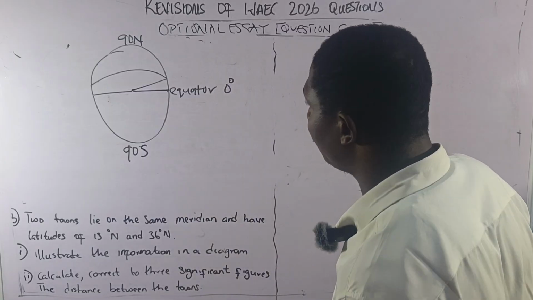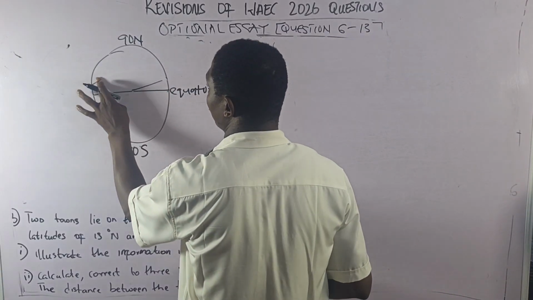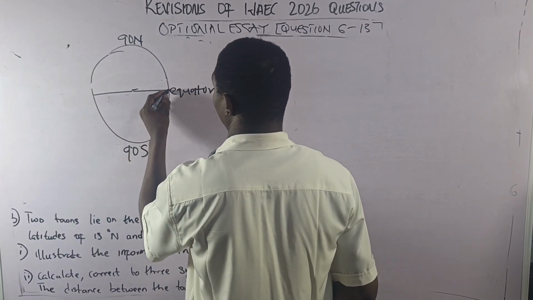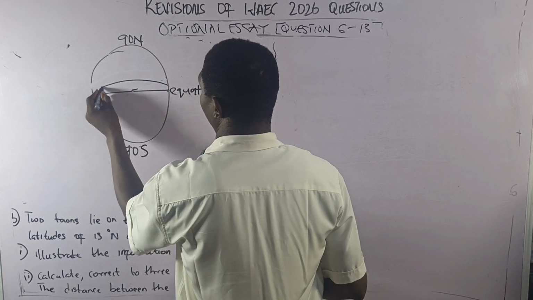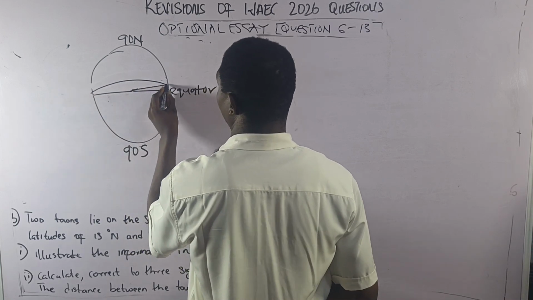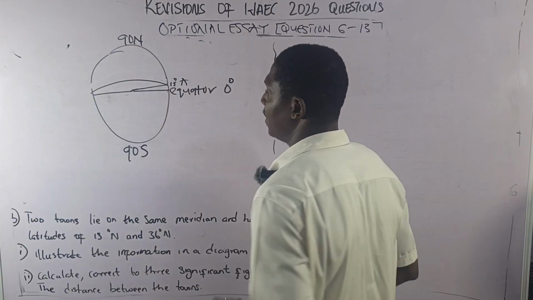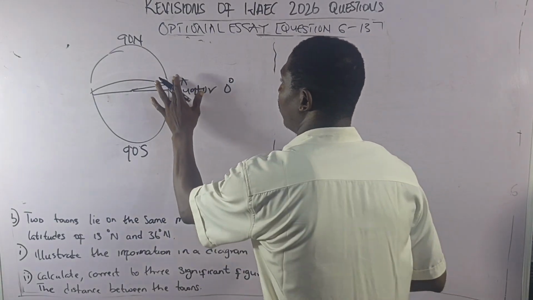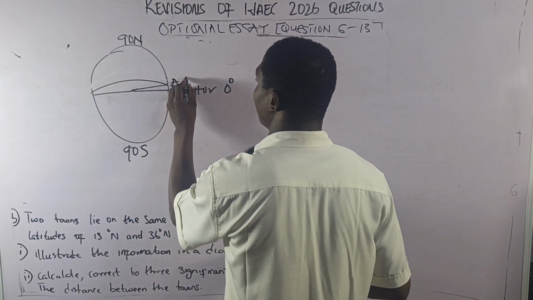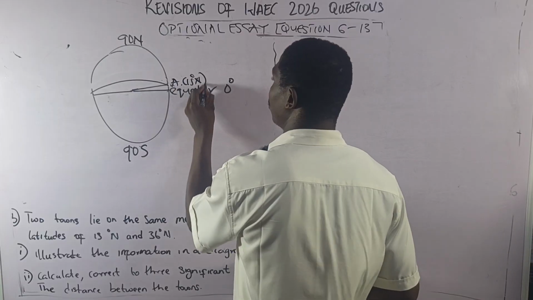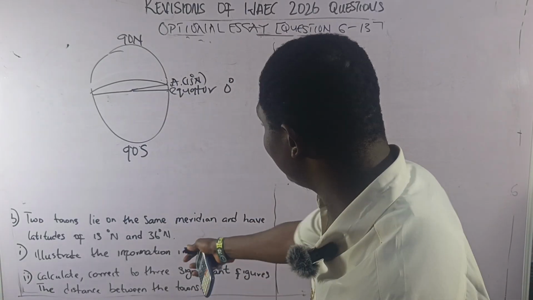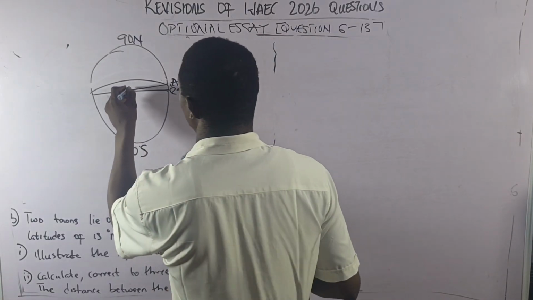And I equally have, let it come down a little. Point A, 15 degrees. Or let me put A first. A, bracket, 15 degrees what? North. Now, the second is 36 degrees what? North.